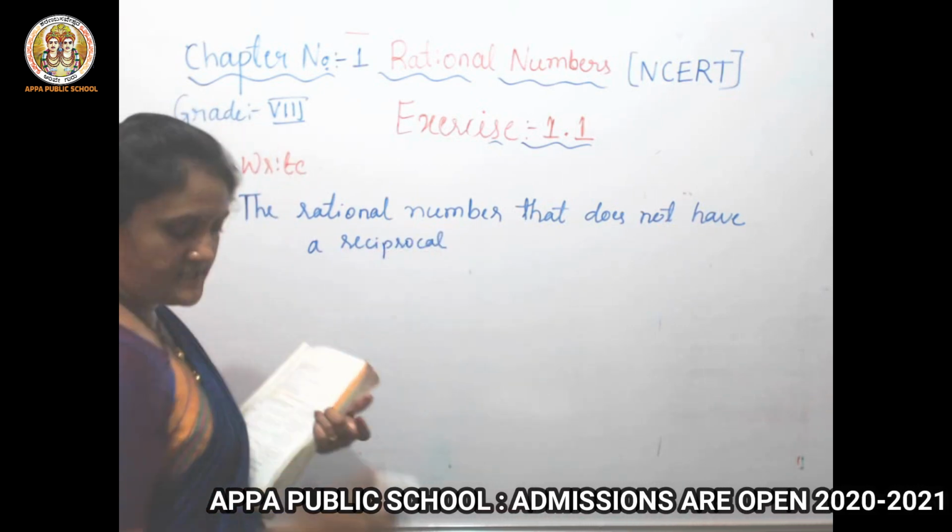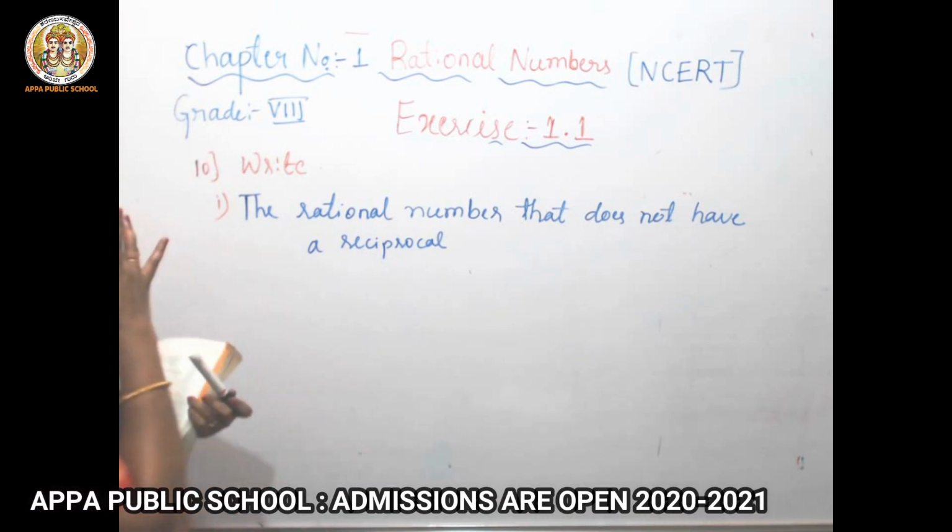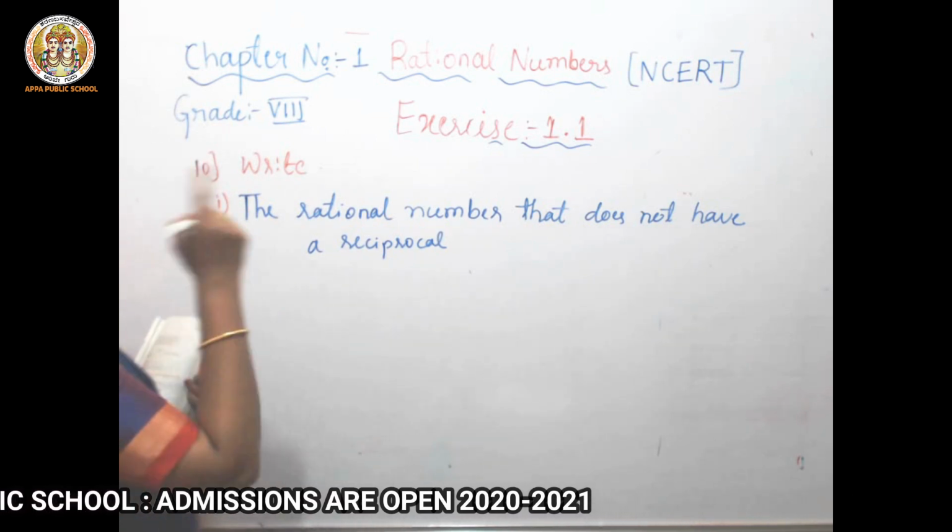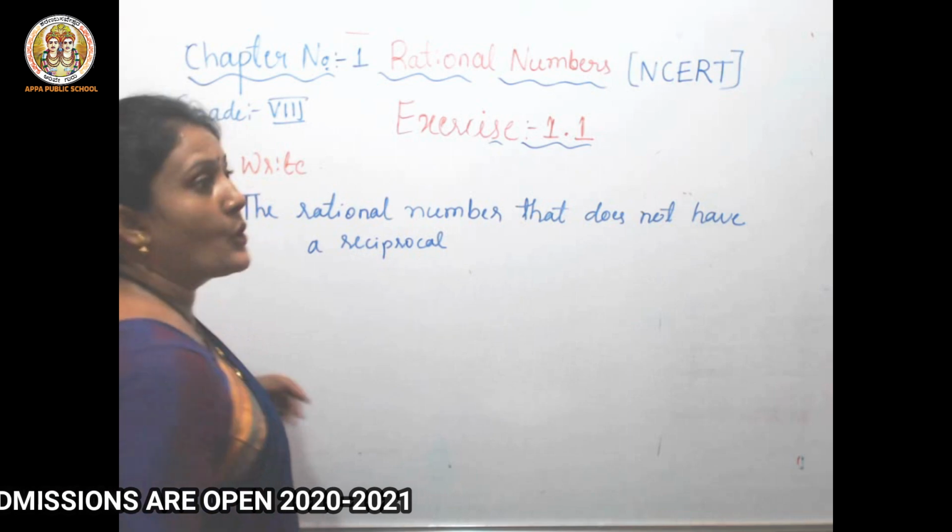So first we will solve this first answer, then we will go for the next one. We have to write the rational number that does not have a reciprocal.